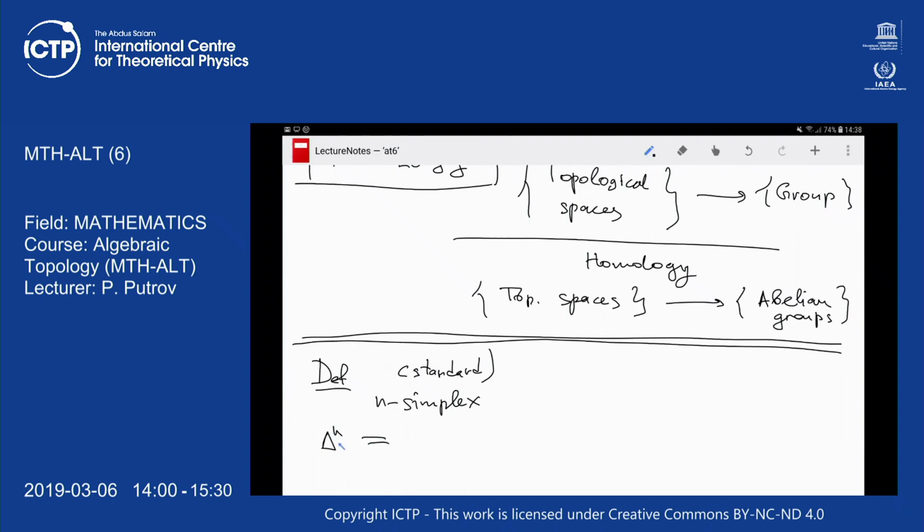We will denote it by delta with index n, and this can be realized as a subspace in n+1 dimensional Euclidean space, with a condition on the components of the n+1 dimensional vector such that their sum is 1 and they are all non-negative.